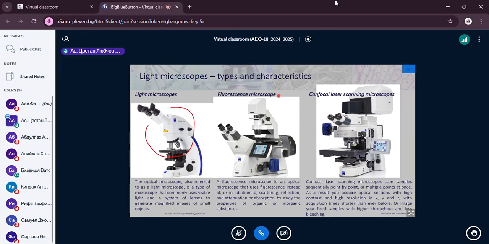This microscope, especially the fluorescent, and also this is typical for laser microscopes, they use fluorochromes. Those are chemicals which are able to get excited at a specific wavelength and then emit light at another specific wavelength. For example, they absorb light below 488, but they emit light at 488.